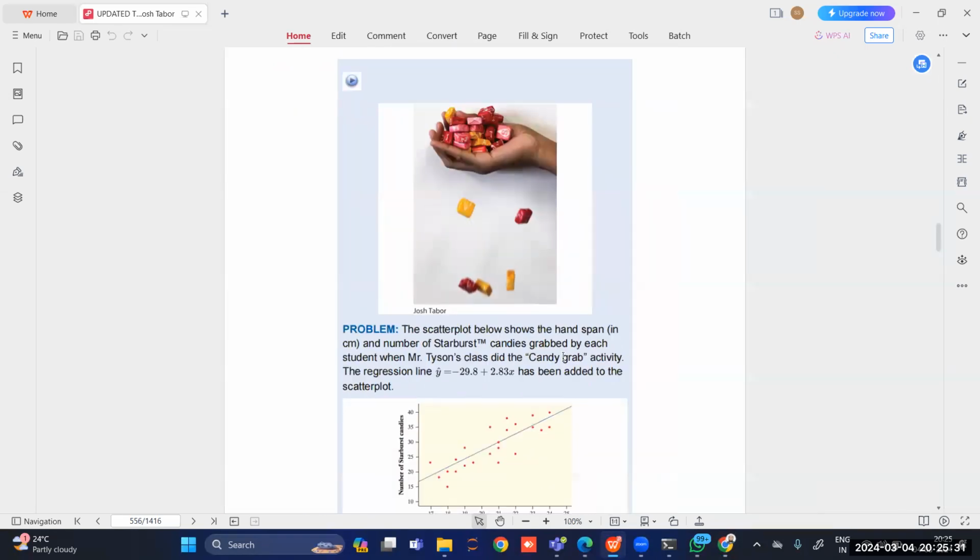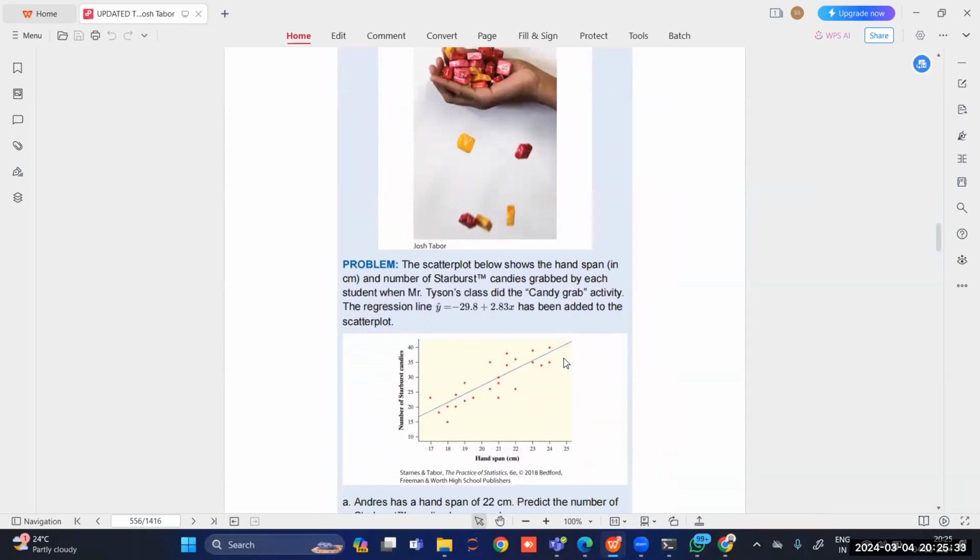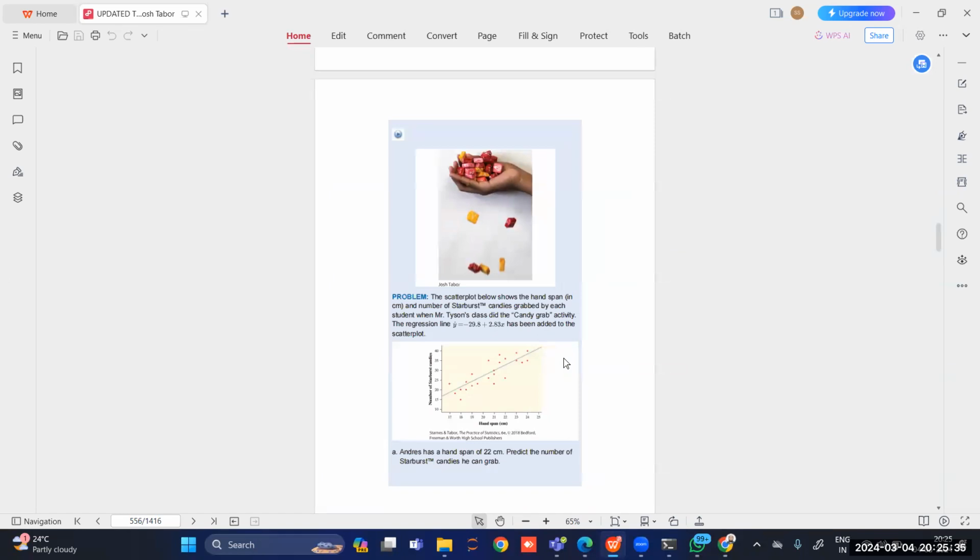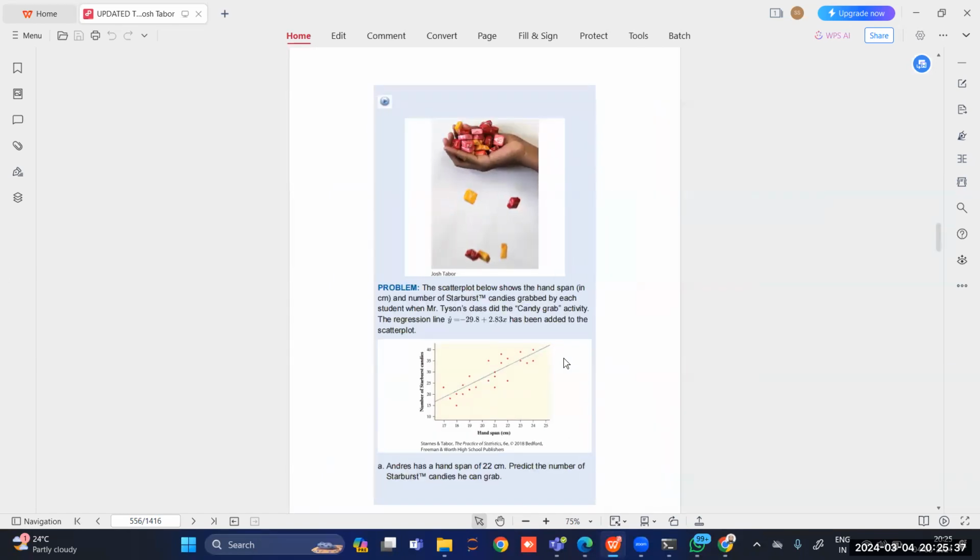So we will see, for example, the number of candies in the hand. It is a very good example. Just read it fast for a bit.